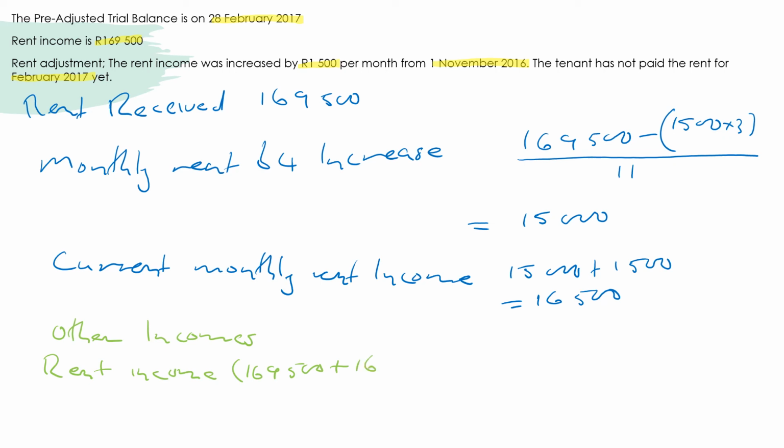So plus 16,500. Right, this will give you 169,500 plus 16,500. That's 186,000. That will be your rent income for that particular year.